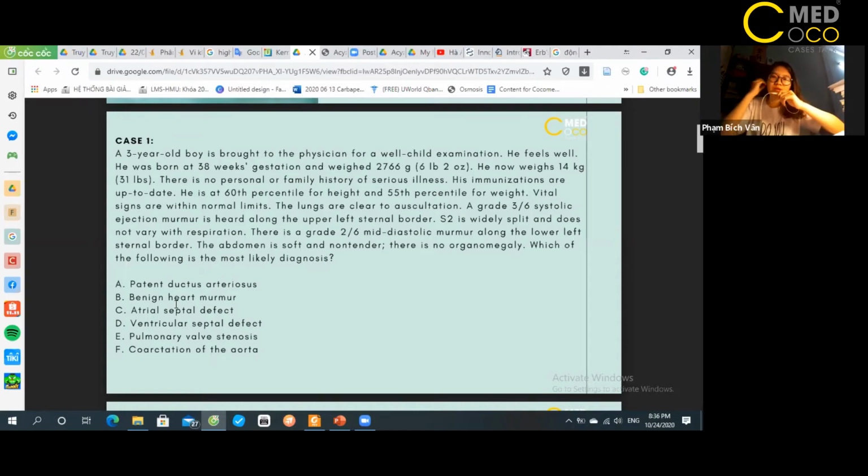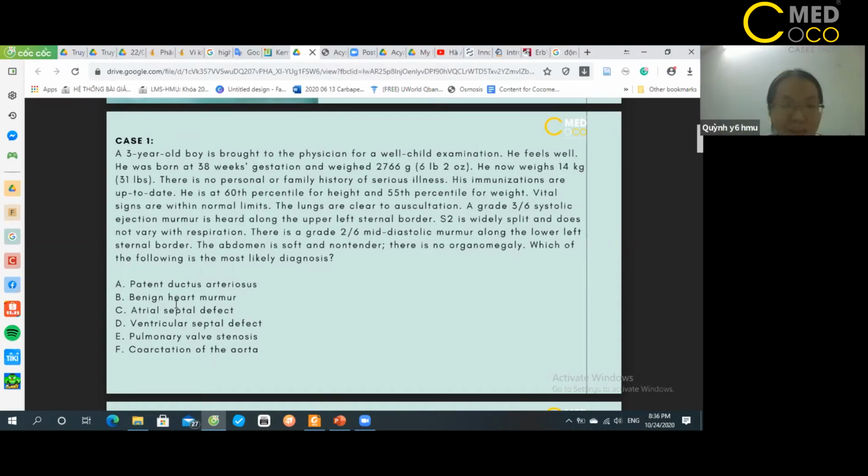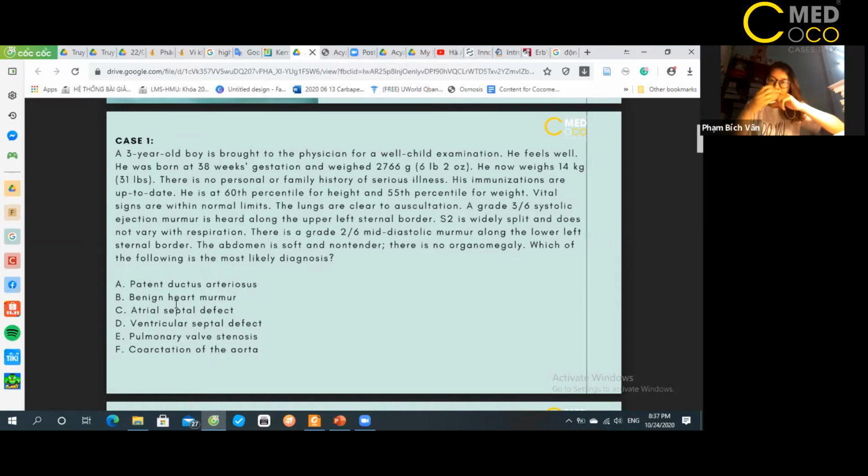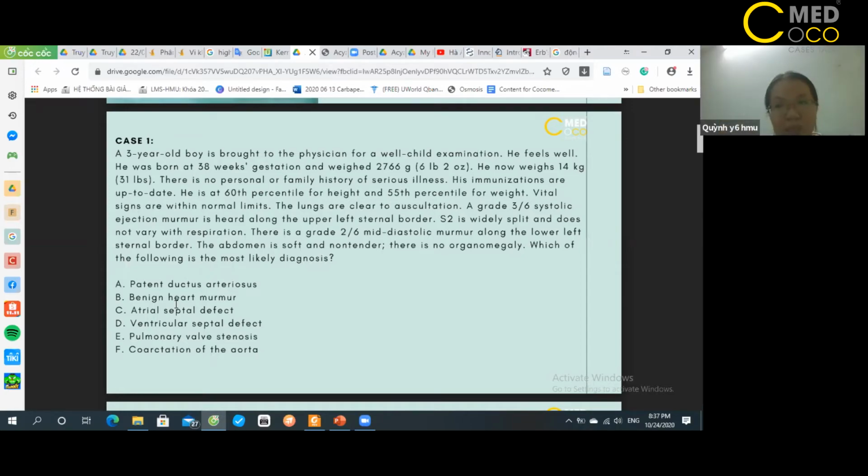I mean we've just analyzed that there are some abnormalities with the tricuspid valve and the pulmonary valve. The reason for the murmur is some stenosis, a narrowing, or something that increases the blood flow through the valve and creates the murmur.